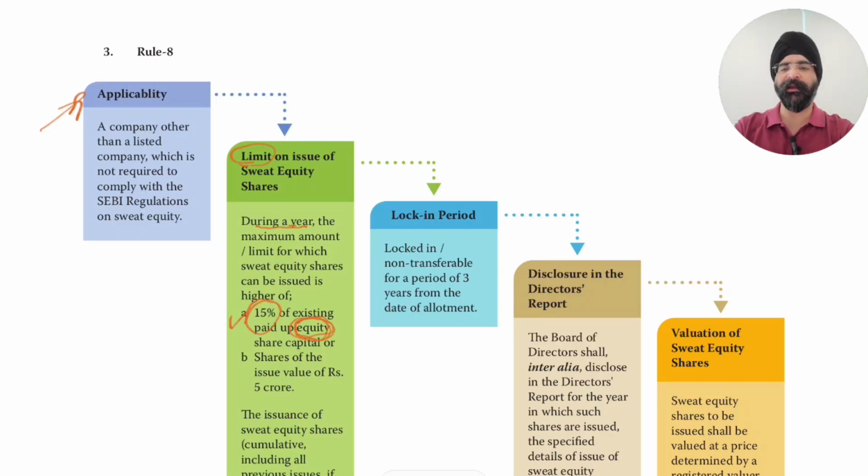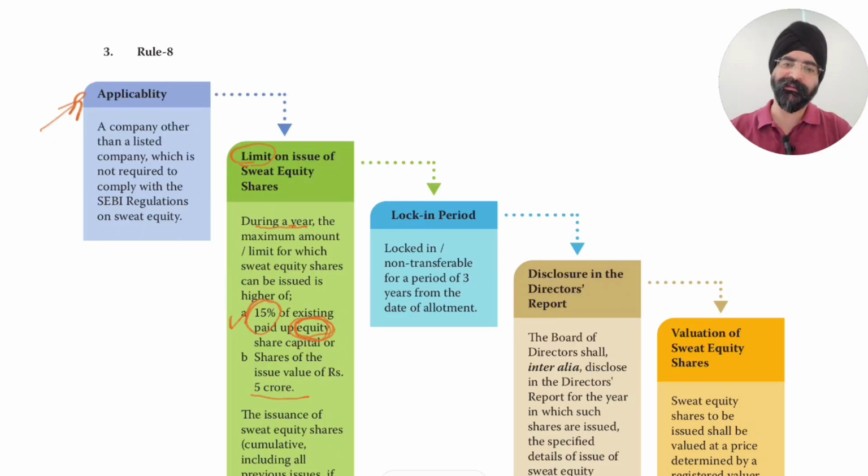Only equity capital is considered, and we are seeing the higher of these. So if 15% is higher than the value of rupees 5 crores, then 15% will be considered, or shares of the issue value of 5 crores.